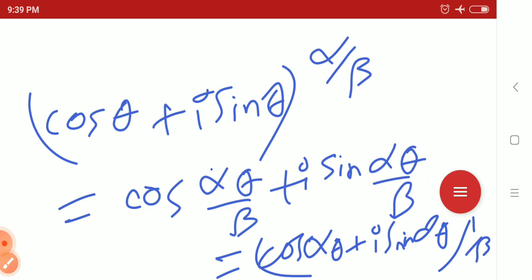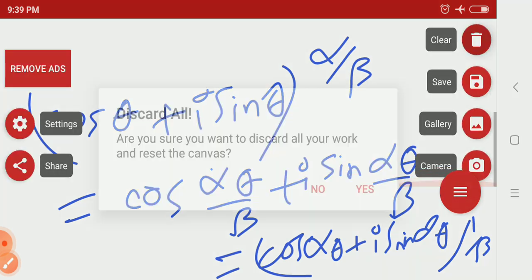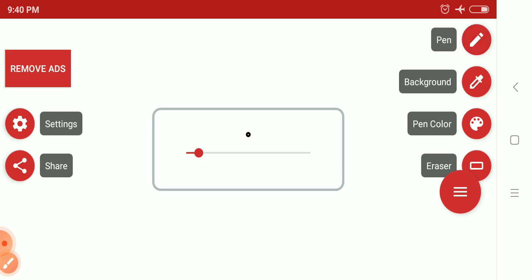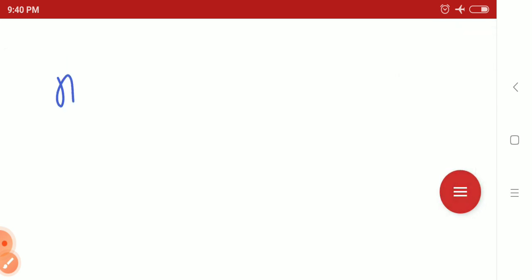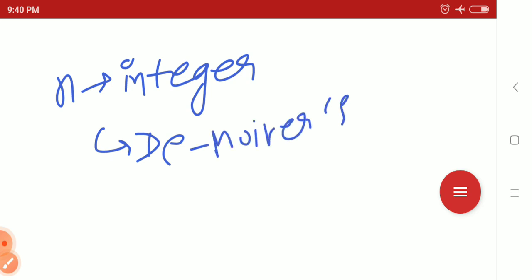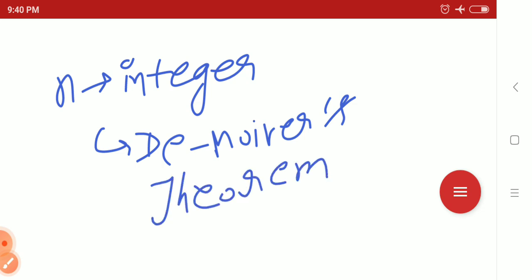And in De Moivre's theorem, another important thing: if n is an integer, then it will be a single valued function.